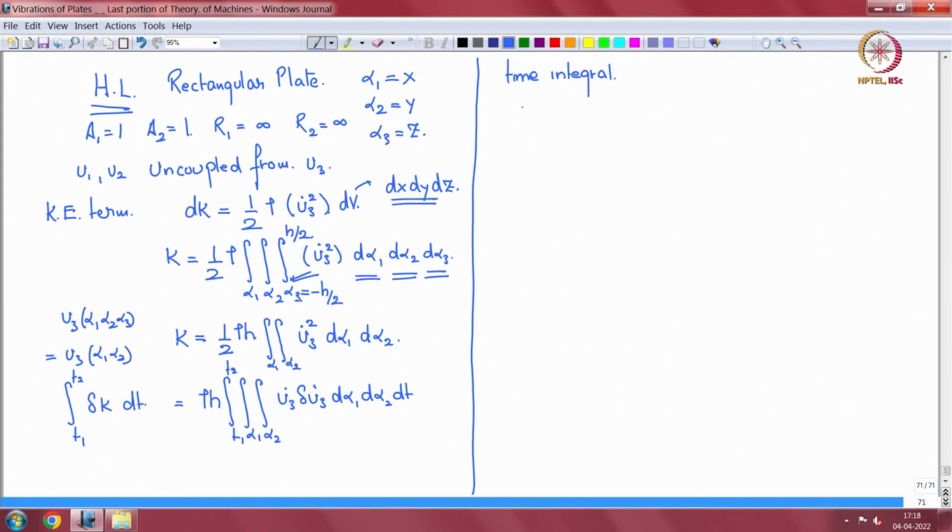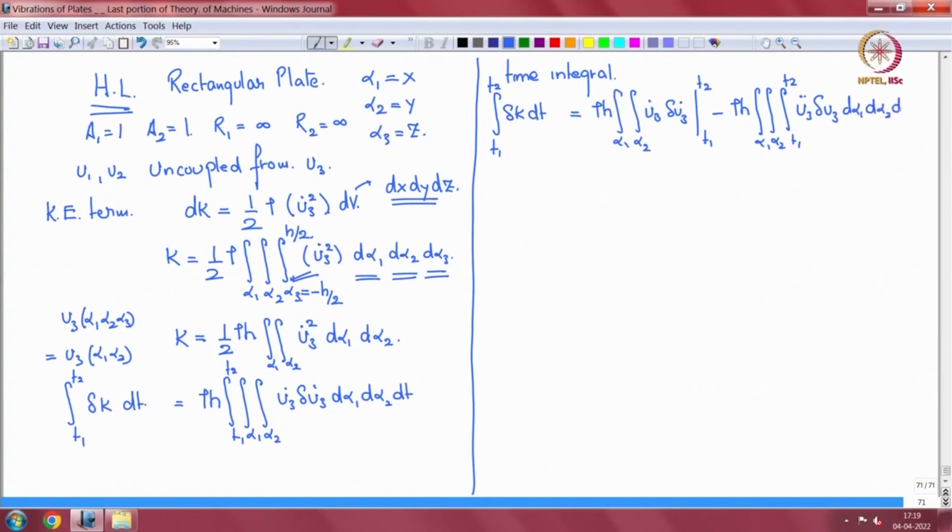The integral t1 to t2 of delta K dt is equal to rho times h, integral alpha 1, integral alpha 2, u3 dot delta u3, evaluated from t1 to t2, minus the second term, which is integral alpha 1, integral alpha 2, integral t, u3 double dot delta u3 d alpha 1 d alpha 2 dt.